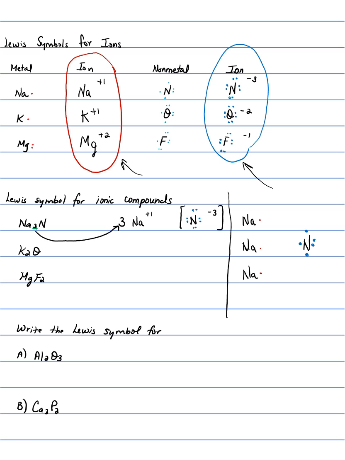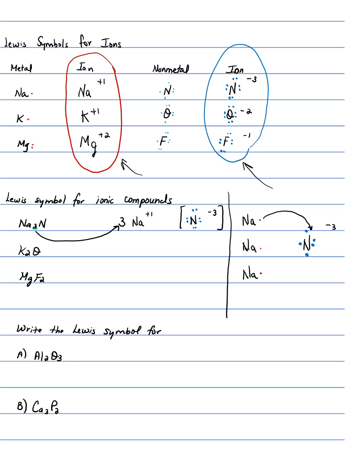Now, when the ionic compound is being formed, you have sodium plus 1. So each sodium here is losing 1 electron. Your nitrogen needs to form an ion with a charge of -3, so it has to gain 3 electrons.